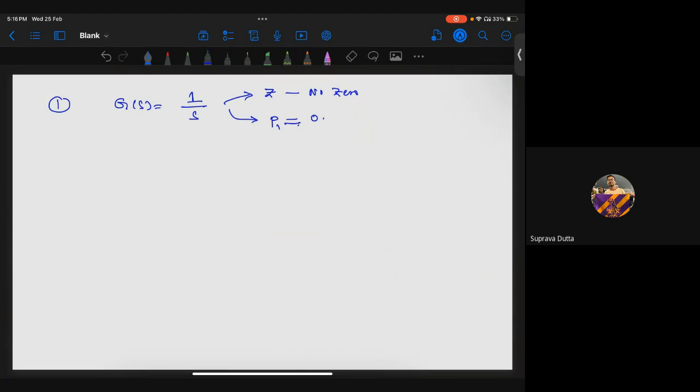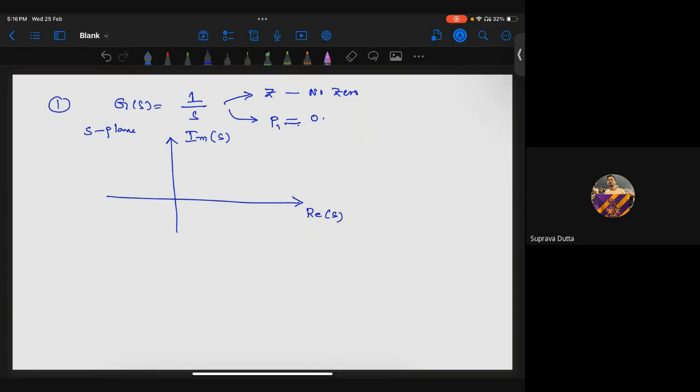Yes. Once we know the poles and zeros, we take the S plane. This S plane has the real part of S and the imaginary part of S. The real part of S is the x-axis, and the imaginary part of S is the y-axis.